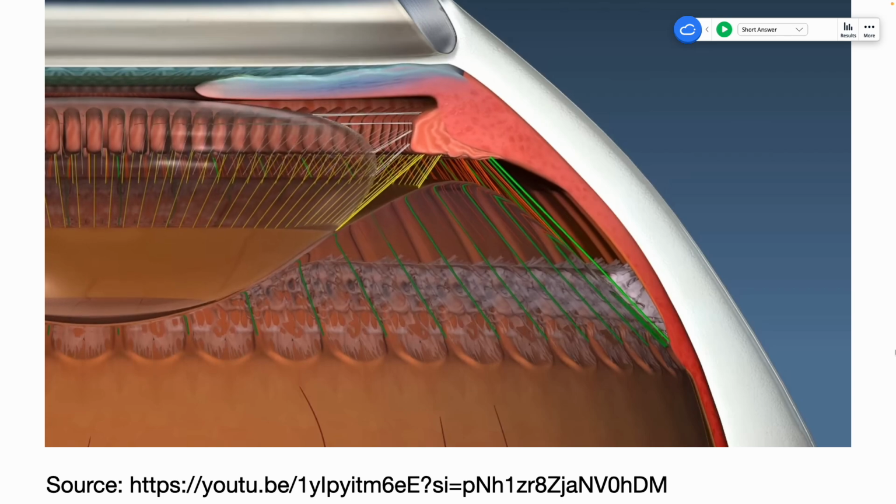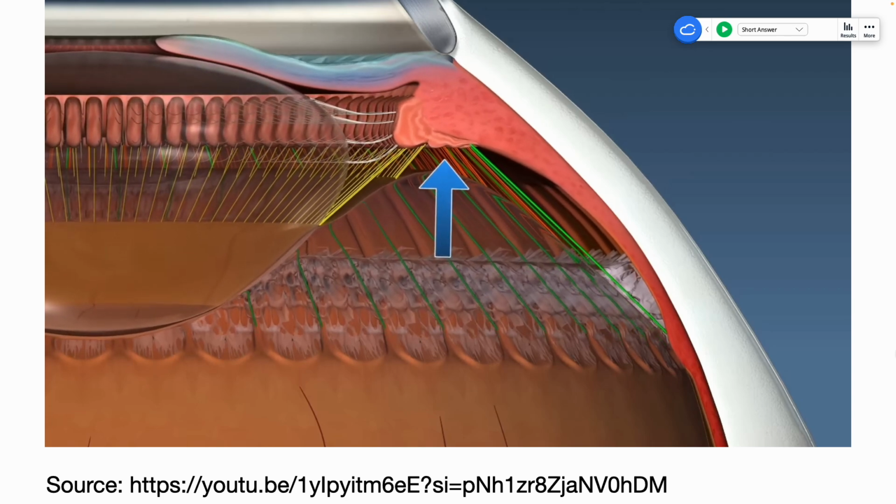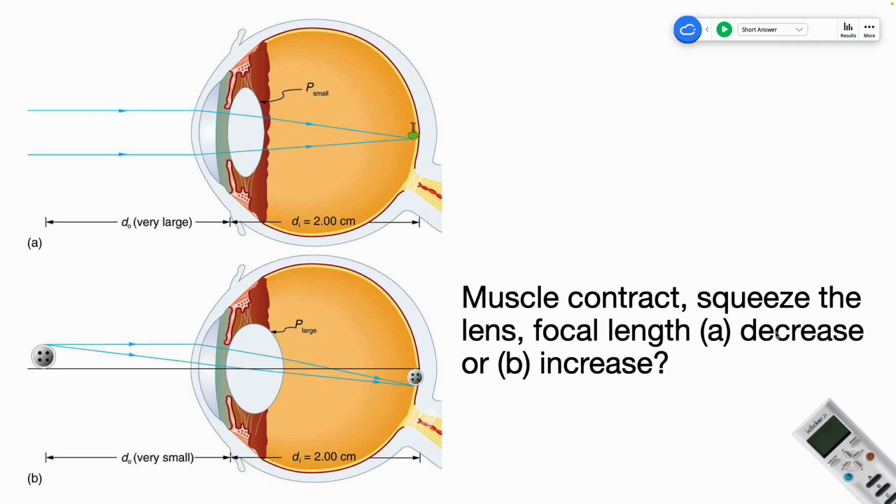Now, if you are trying to look at something, what your eyeball should do is make sure the image is formed right on your retina. There are a lot of cells on your retina, and if the image is formed on the retina as a nice, clear image, you can see.